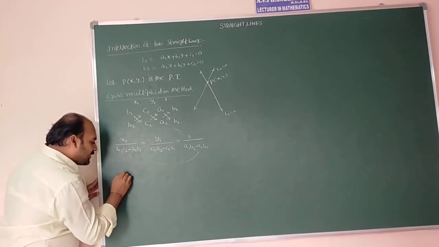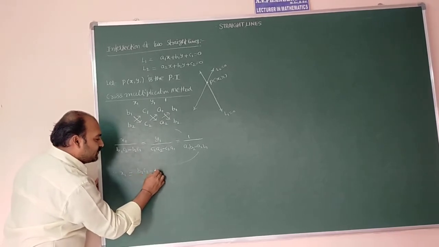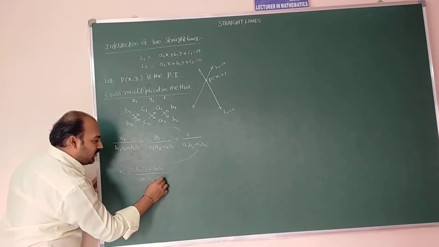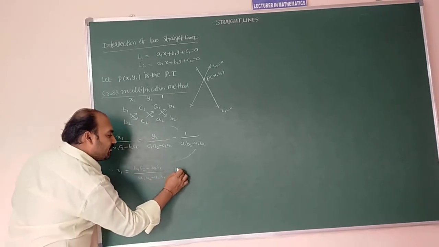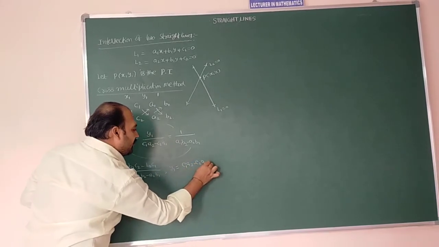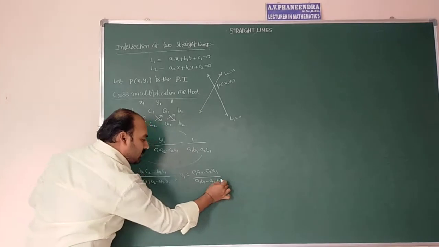So x1 is equal to B1 C2 minus B2 C1 by A1 B2 minus A2 B1, and y1 equal to C1 A2 minus C2 A1 divided by A1 B2 minus A2 B1.